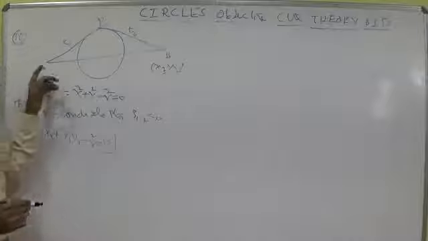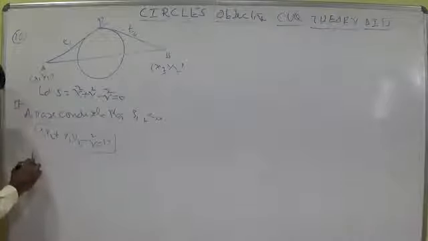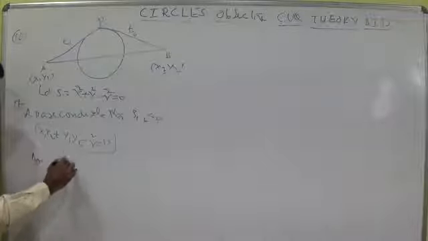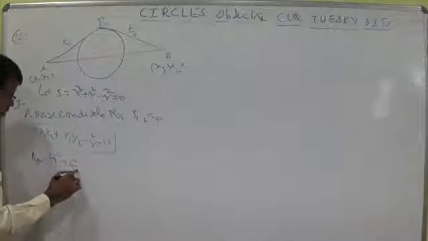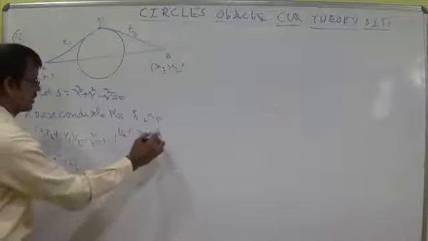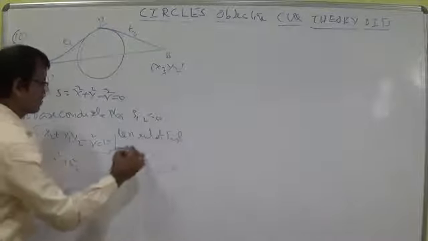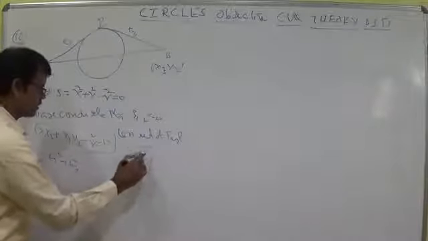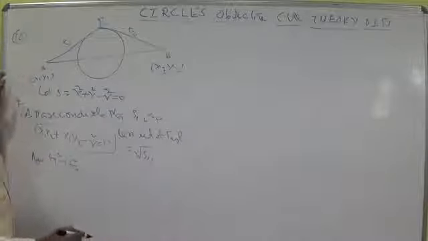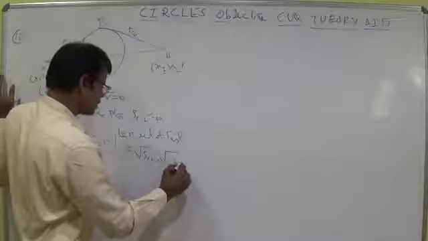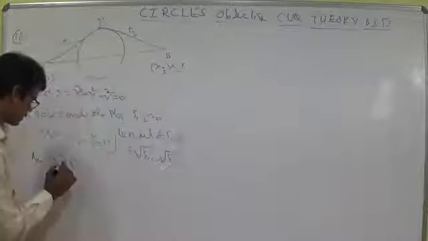Now T1, what is T1? Length of tangent. Now I am writing T1 square plus T2 square, where T1, T2 are lengths of tangent. Length of tangent formula is root S11. Depending on x1, y1 it is root S11, depending on x2, y2 it is root S22.